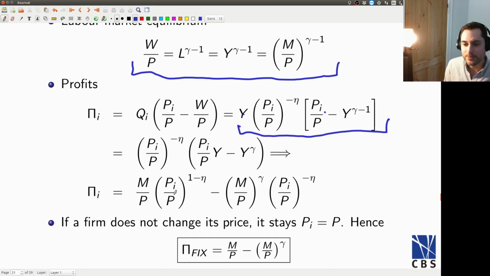Because pi divided by P is still 1, right? As I read it right here, since none of the firms changed the prices, including this particular firm, pi will be equal to P, and we get MP minus MP to the power gamma as the profit of the firm. Okay, so far so good.